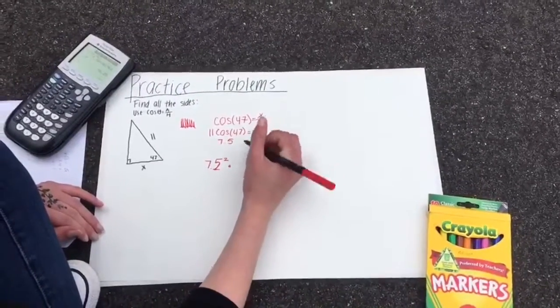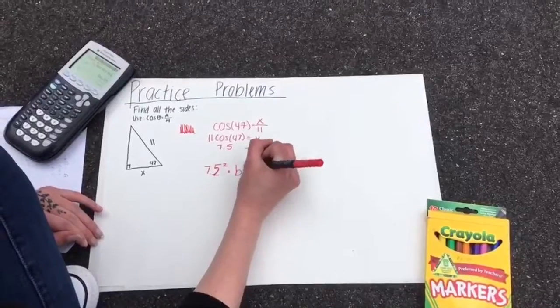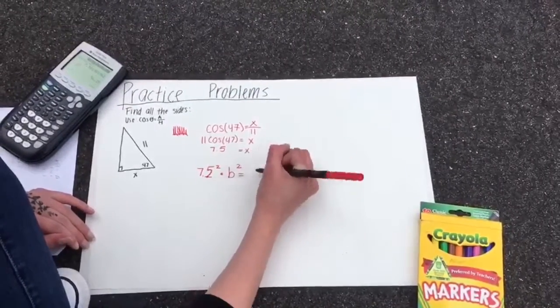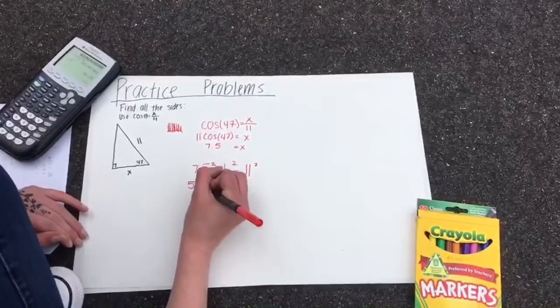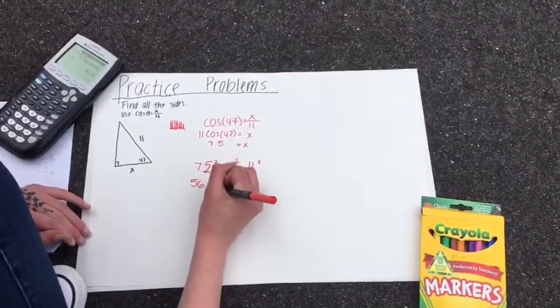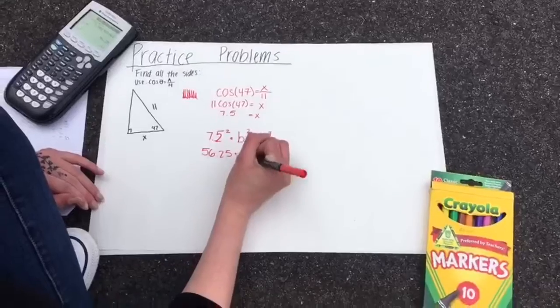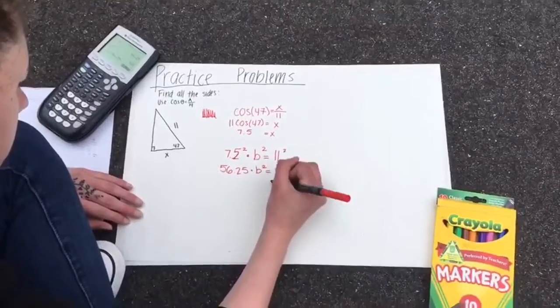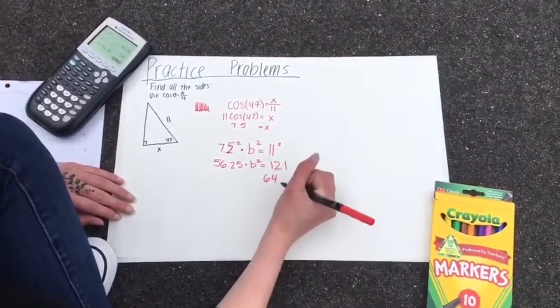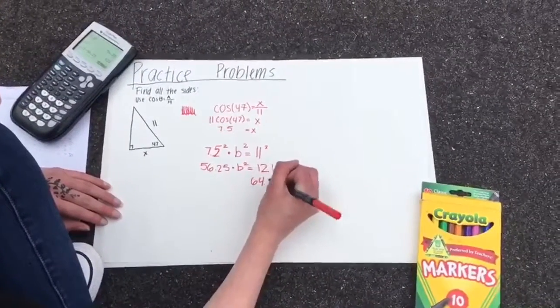In order to find the other side, you use Pythagorean theorem again. A squared plus b squared equals c squared. In order to find b squared, you must isolate it. So you subtract a squared from c squared, and c squared is just the hypotenuse squared. So you isolate b squared.